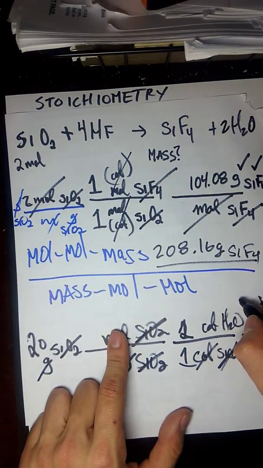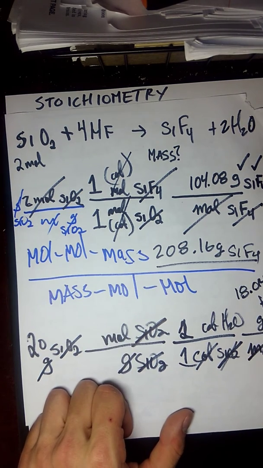I believe it's about 18.014 grams per mole, if I remember correctly, off the periodic table. So regardless, the point is moles will cancel, and I wind up with grams of H2O, which is what I wanted.